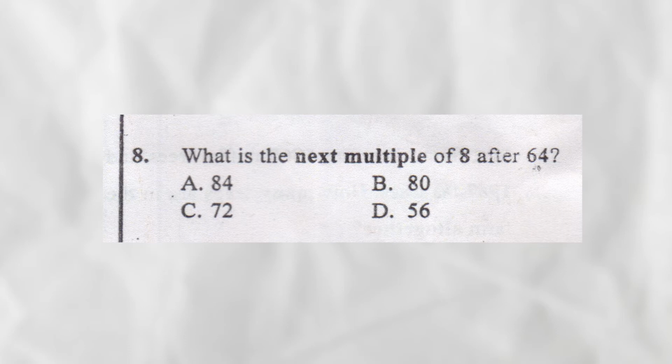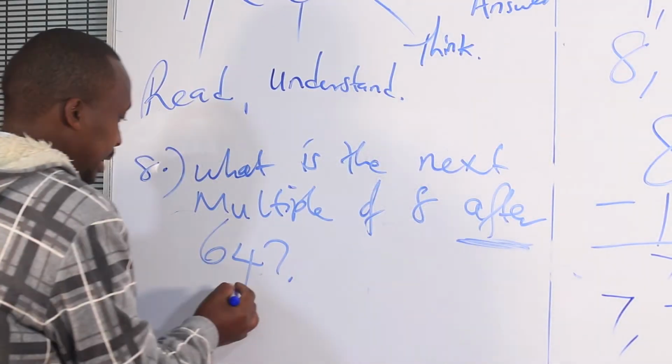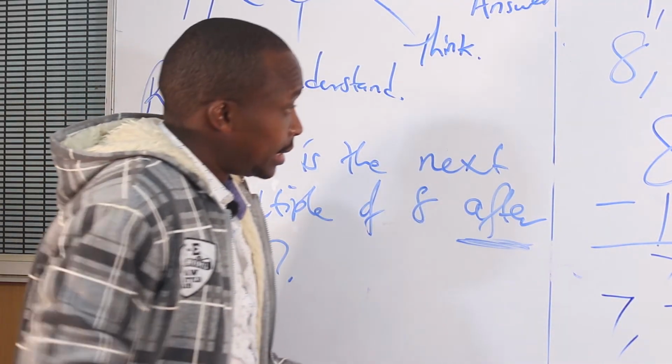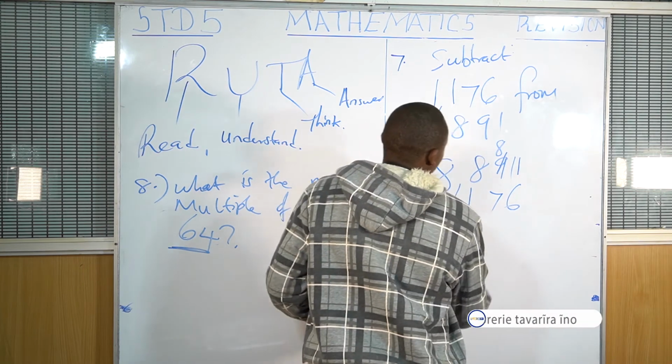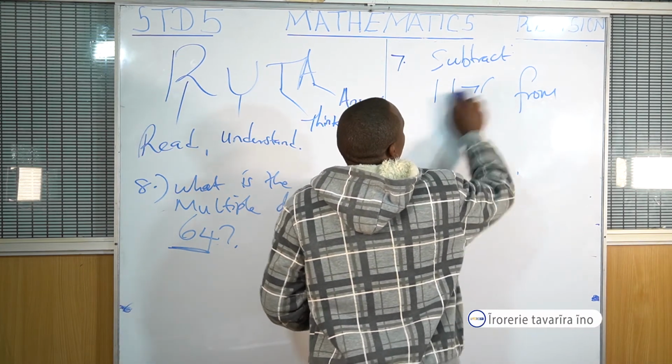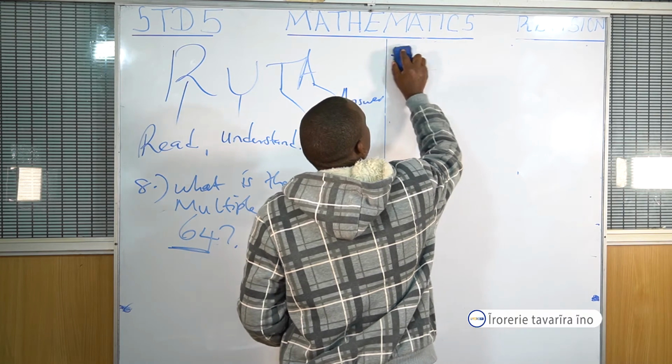Let's all of us read together with the teacher. What is the next multiple of 8 after 64? What is the key word there? After 64. Now, we can do the sum without any problem.